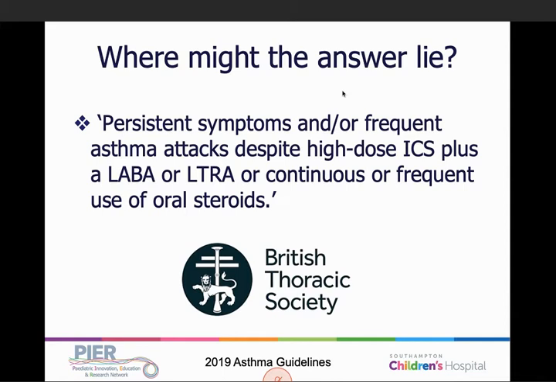So the theme very much here is that the medication isn't working. Difficult asthma is a situation that you come across where the medications that we would normally use to treat the condition are proving to be poorly effective in having the efficacy that we might expect them to have in making our patients better.